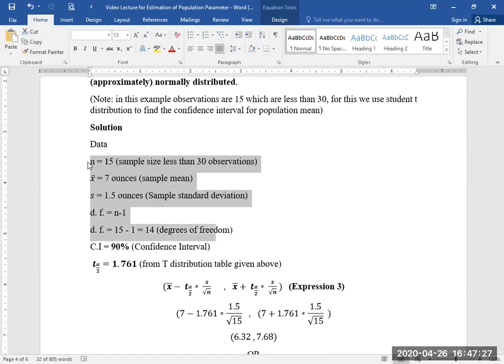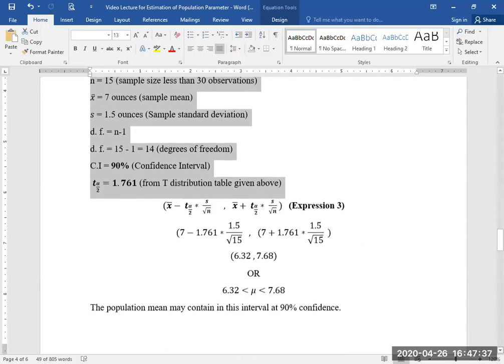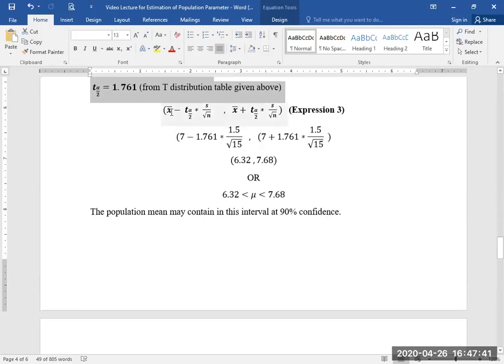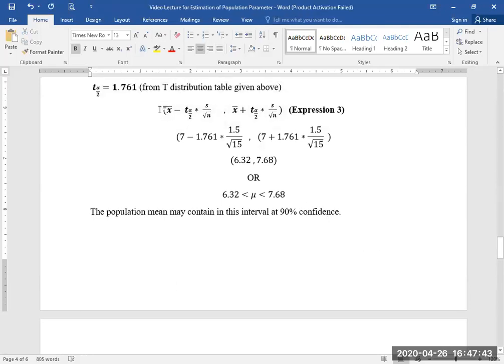It is used to find the value of the t score from the t distribution table. I will make a separate video to explain how you will find the t score value from the given degree of freedom.